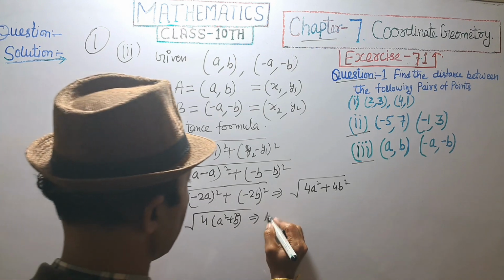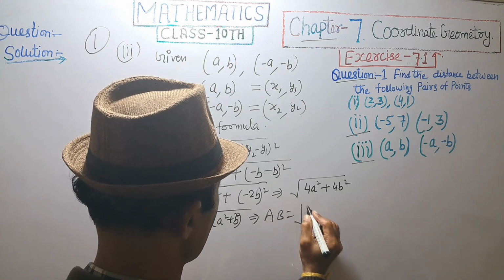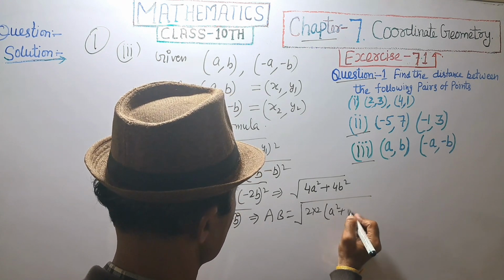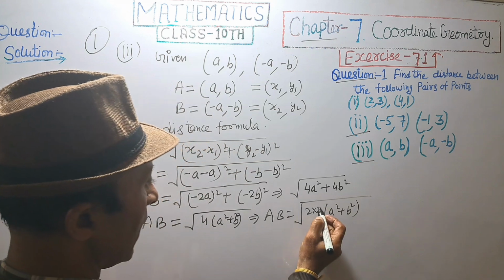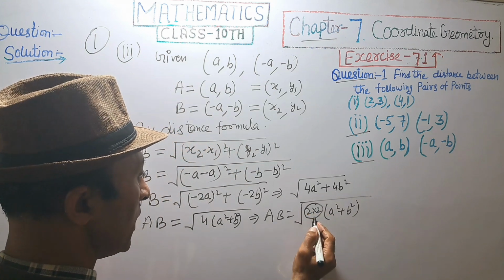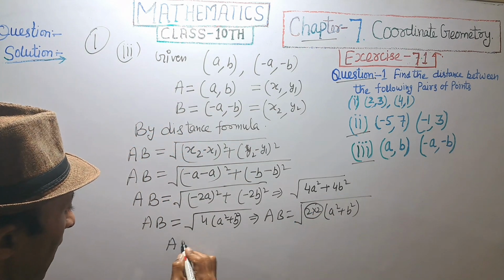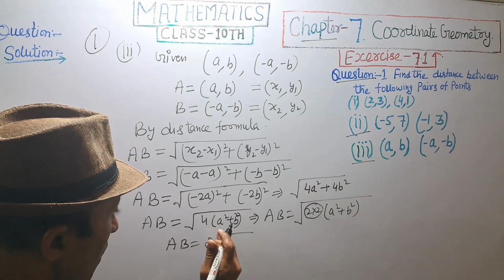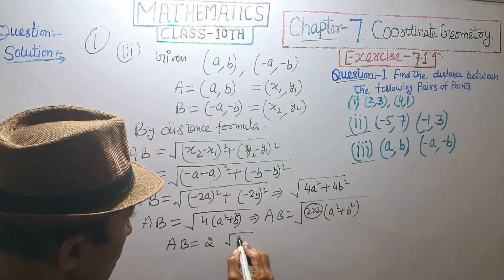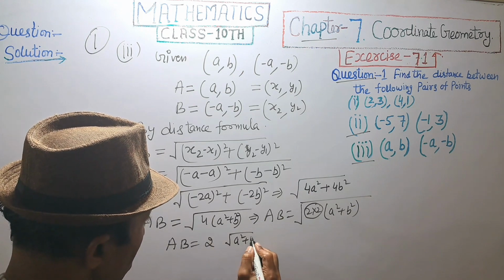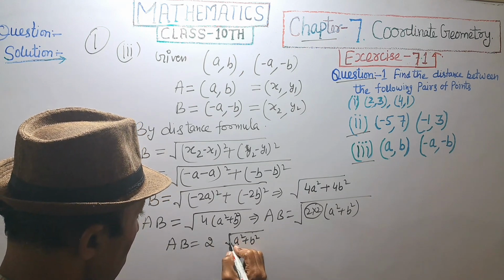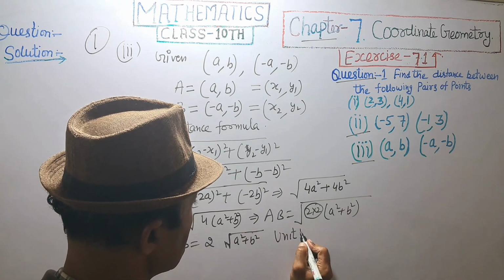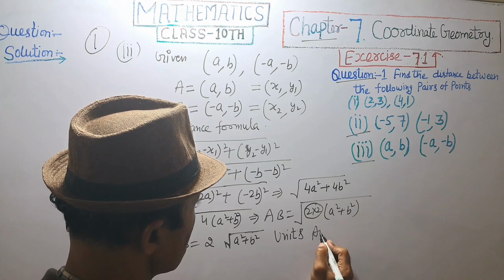This implies AB can be written as 2 into 2 times a square plus b square, and the pair of 2 gives 1, but 2 is taken common, and AB is equal to 2 into the square root of a square plus b square units. Answer.